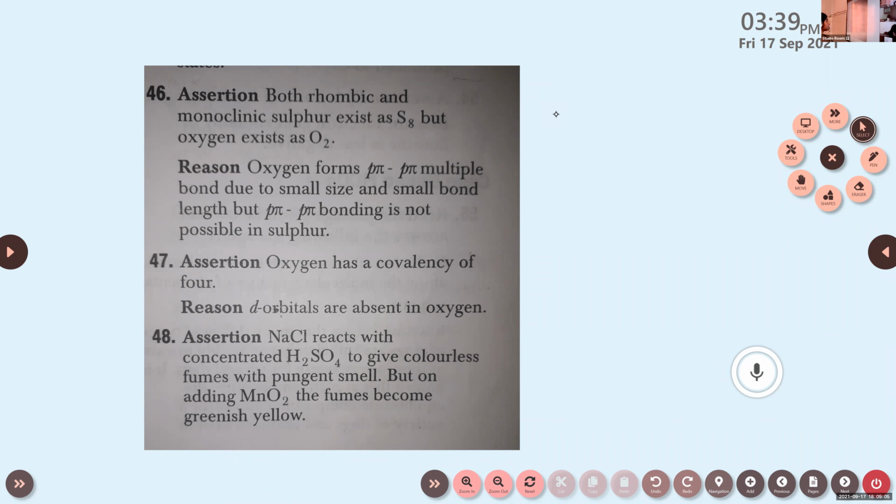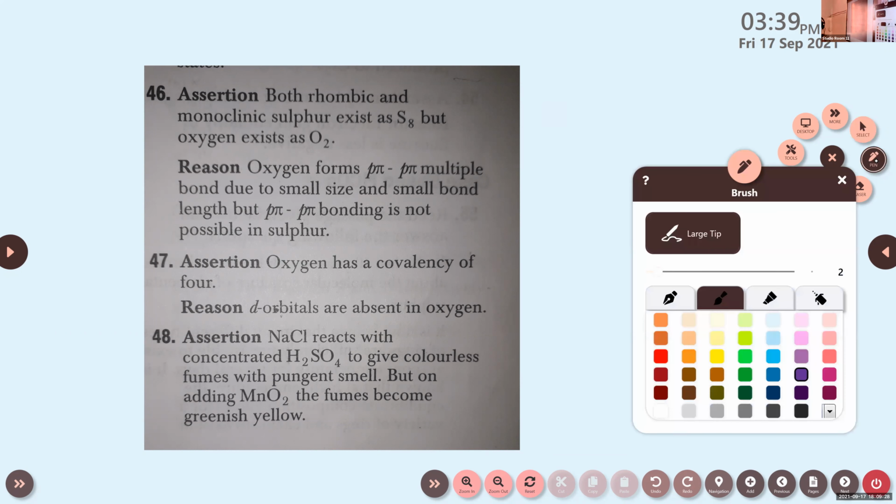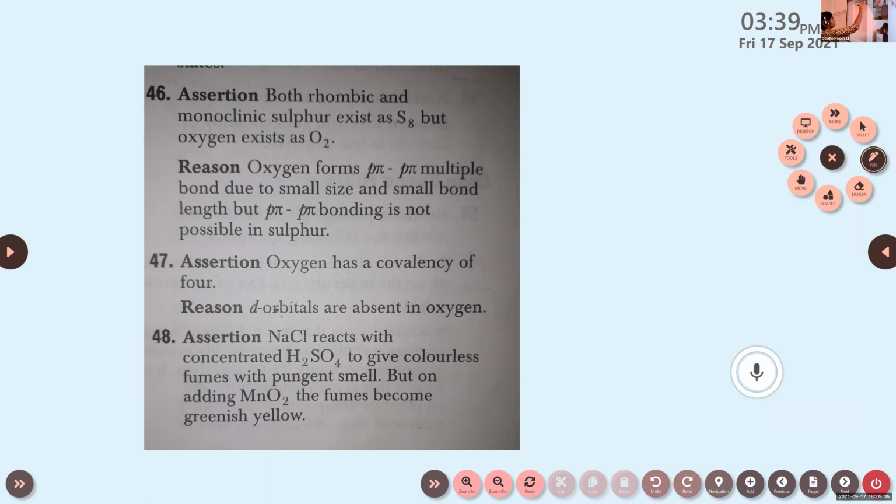What about the assertion and reason? Here the assertion and reason are correct, so it is option A. Option A means both assertion and reason are correct statements and the reason is the correct explanation of assertion.